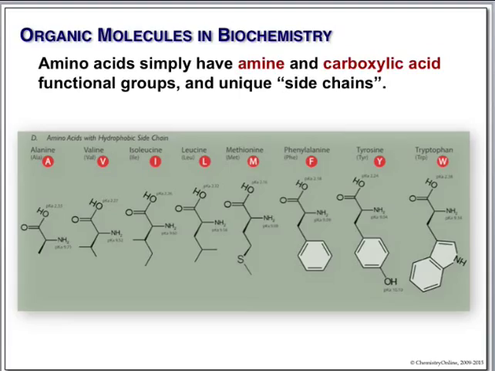Again, we have benzene rings in these guys down here. There are 20 naturally occurring amino acids. These naturally occurring amino acids bond together to make proteins. The way they do that, you'll notice that all of these have a carboxylic acid and they have an amino group, right?